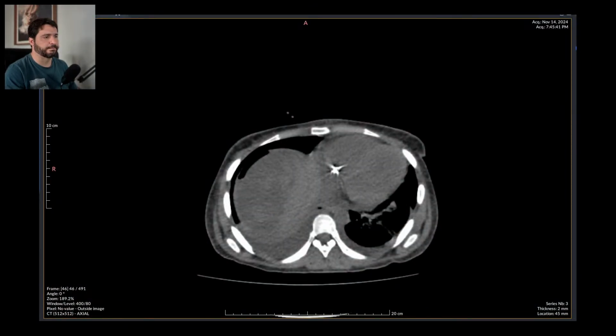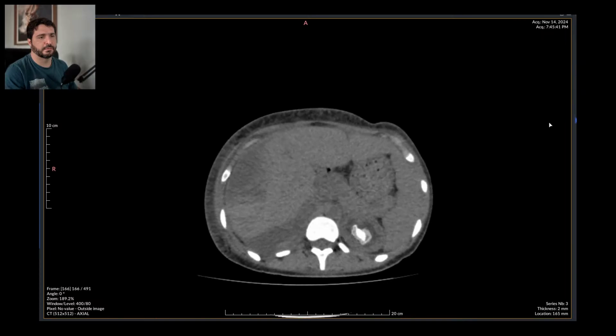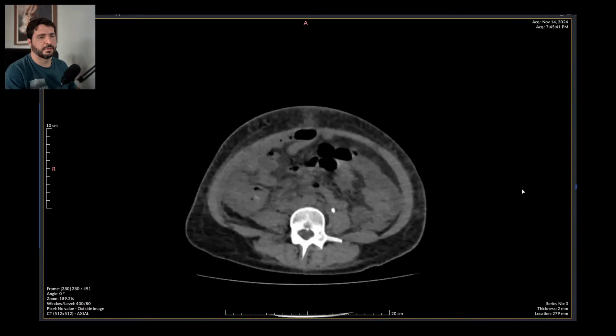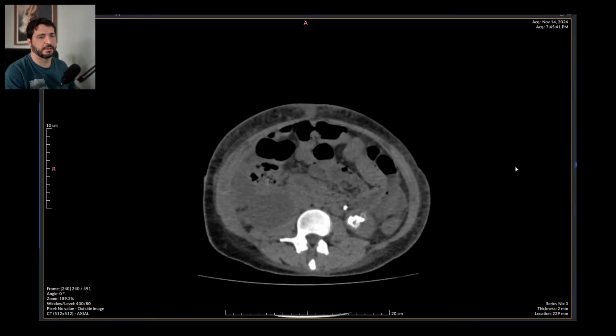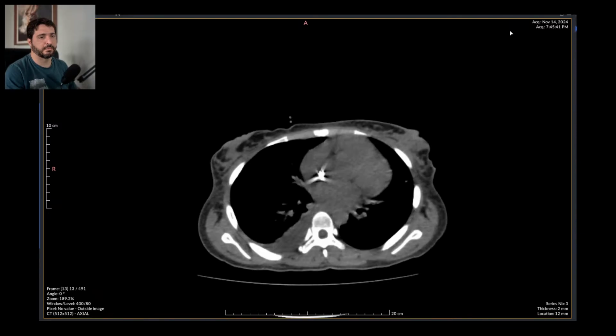Let's see if we have images. It seems this is a major case. Oh crap. It is a major case that wasn't done properly.